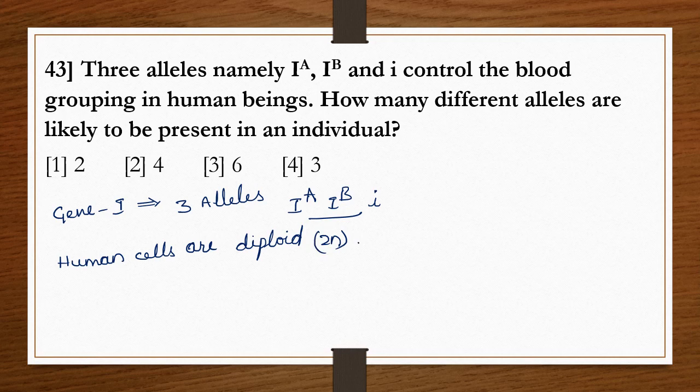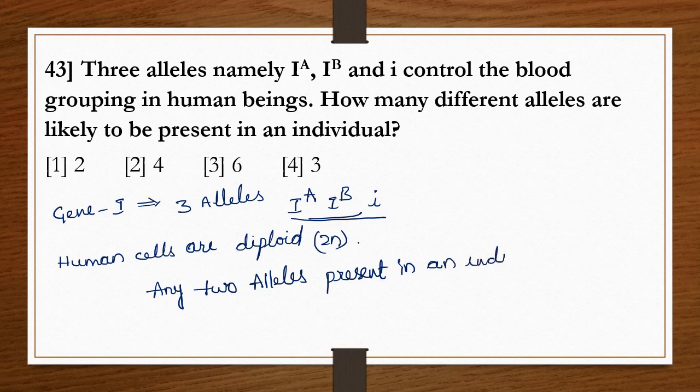This indicates that out of these three alleles, any two alleles are present in the cell or individual.